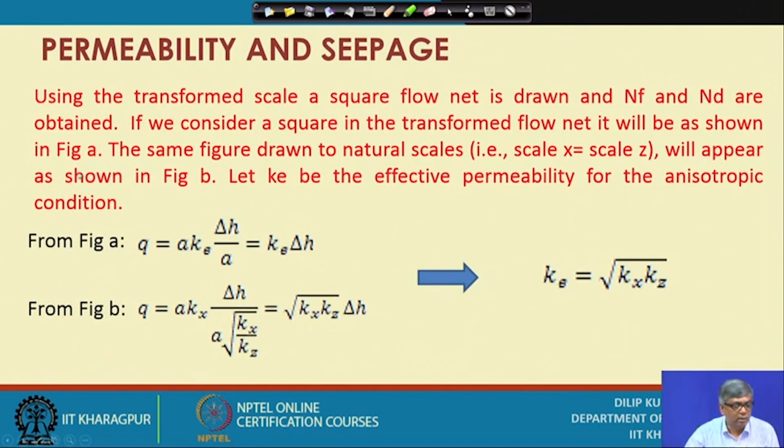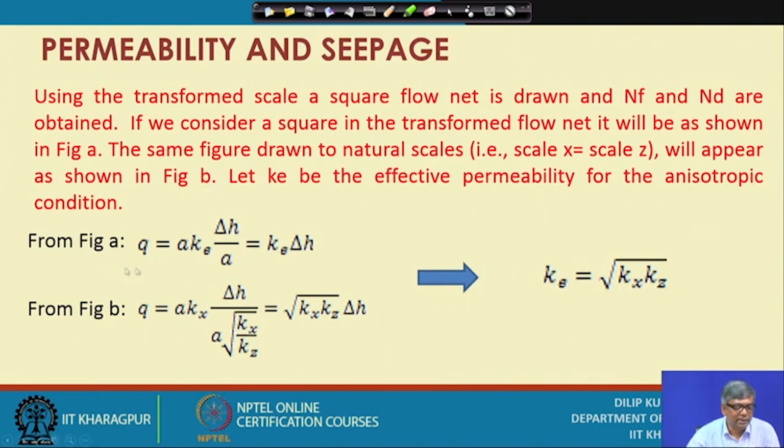Then let K E be the effective or equivalent permeability for that anisotropic condition. When it is an anisotropic condition, there are K x and K z, but my intention is to use one value only, which I call K E.